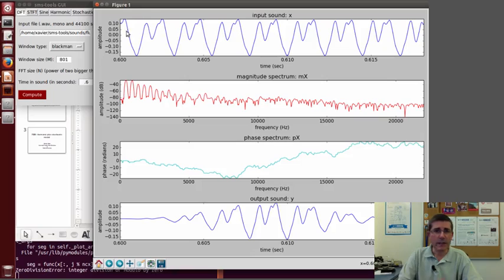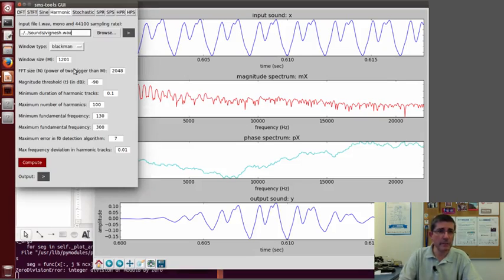So now let's go directly to the harmonic model, and let's apply the same parameters. So 801, 2048. Now we have to choose the parameters for the peak detection and the harmonic detection. I don't think we need to go very far down in the spectrum for the harmonics, because as we saw, there are not that many.